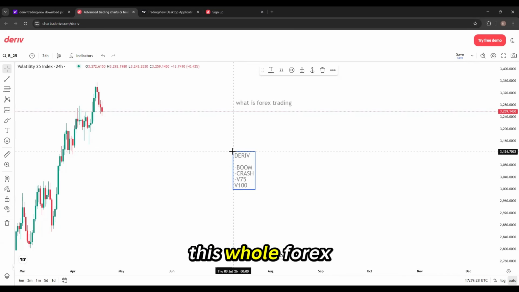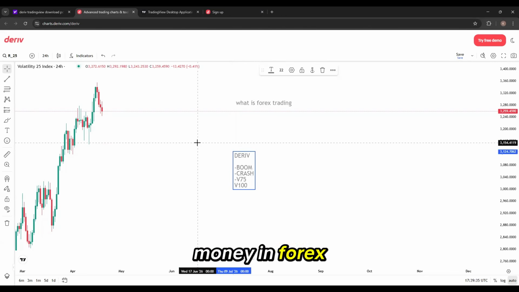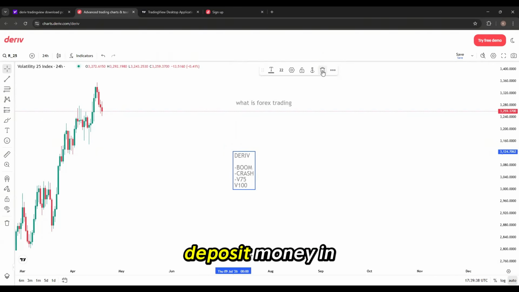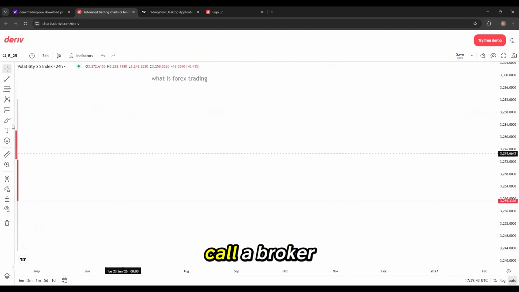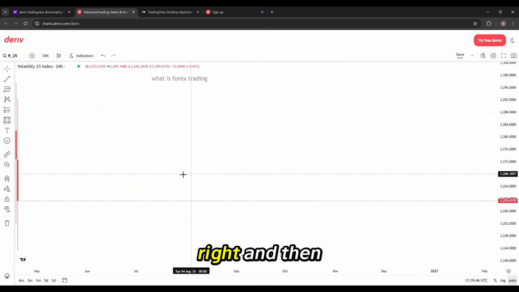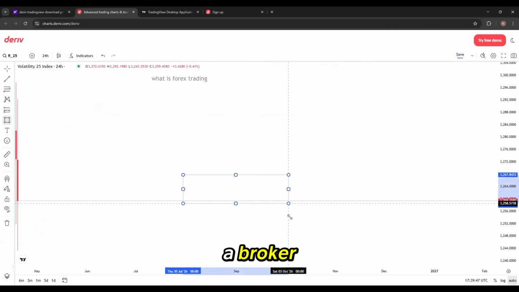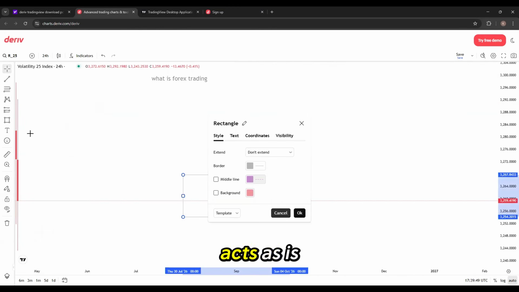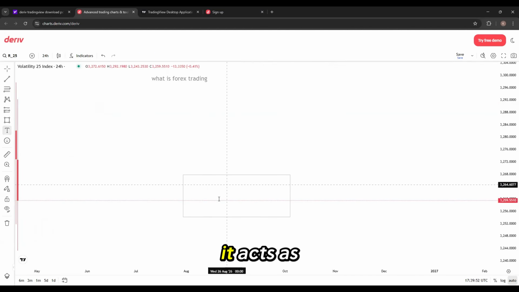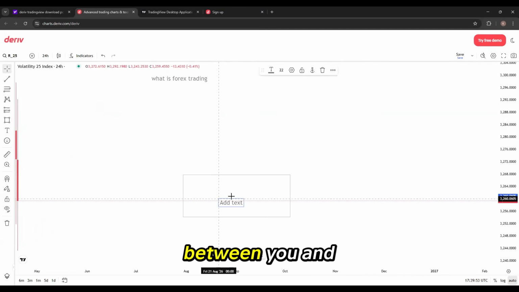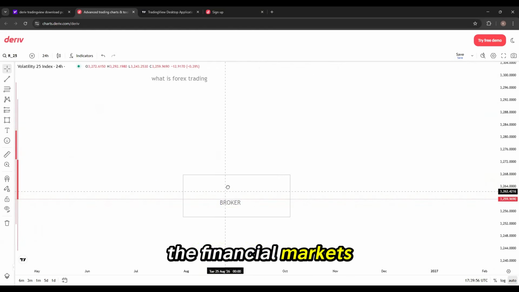So how does this whole Forex trading work? In order for you to make money in Forex, you have to deposit money in your account, meaning that we have what we call a broker, right? And a broker acts as a middleman between you and the financial markets.